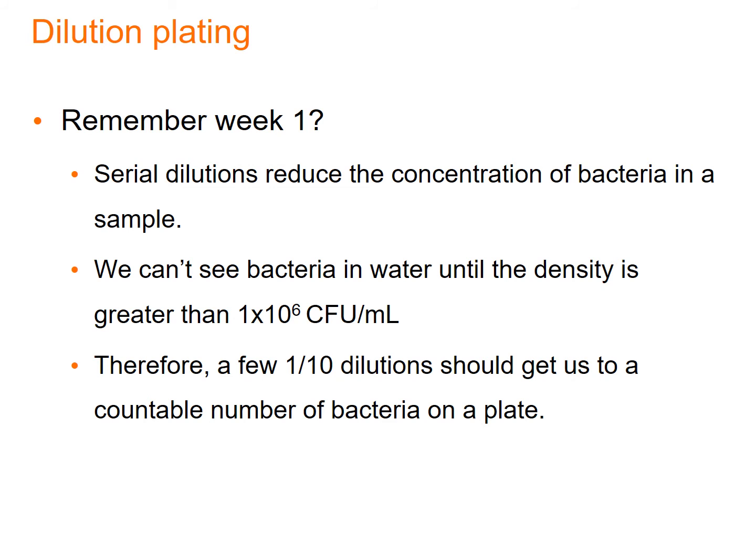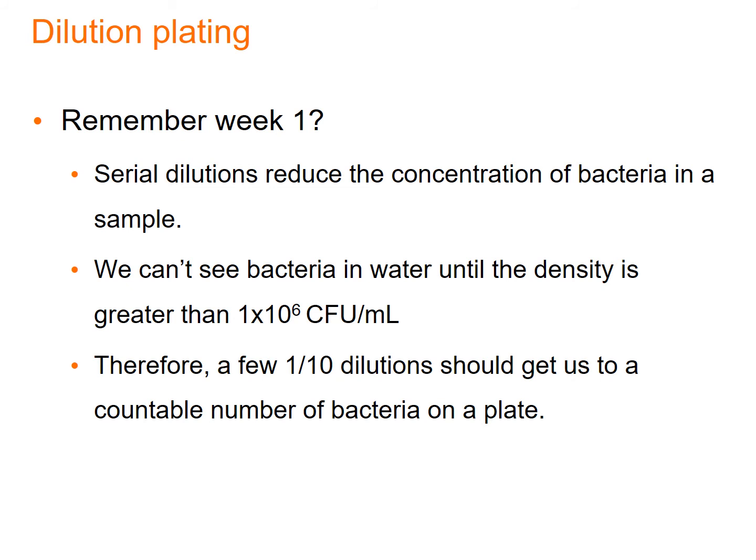We also know that bacteria in water will only become visible to the naked eye when it gets to be pretty dense, meaning there's greater than 1 times 10 to the 6th colony forming units per milliliter. I can guarantee you that the water samples that we've been using in lab are crystal clear. I can't see anything in them.